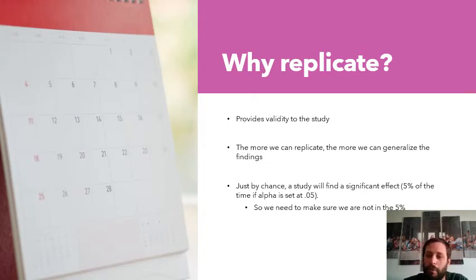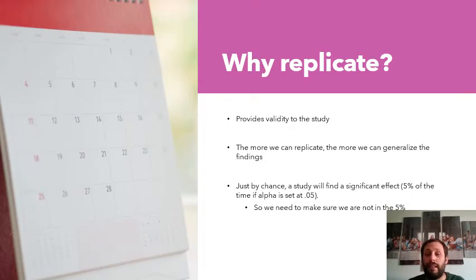It's only in more recent studies that we're starting to find that replication is exactly key to understanding our scientific results, especially when we know that just by chance you're going to find a significant effect 5% of the time, assuming we set our alpha value at 5%. So we need to make sure that all the studies that we've been running for this whole time don't run into that 5% range of effects that aren't really significant, just by chance.